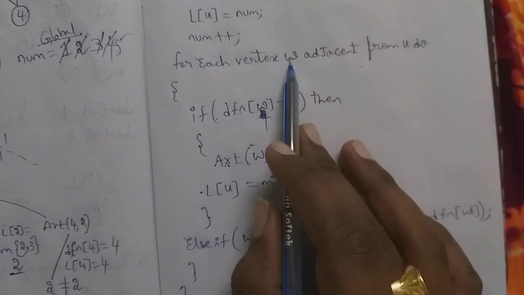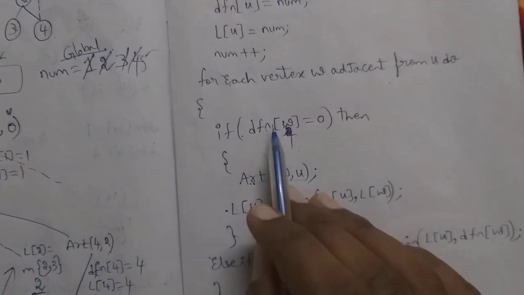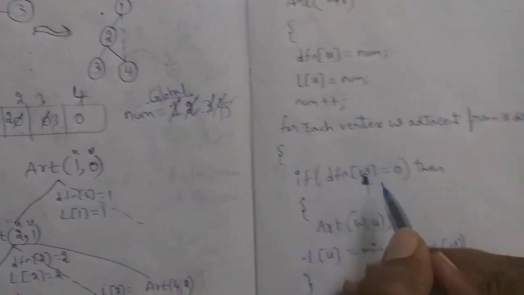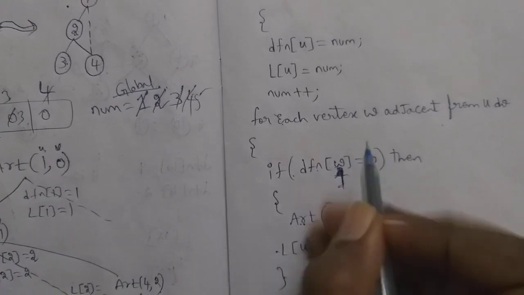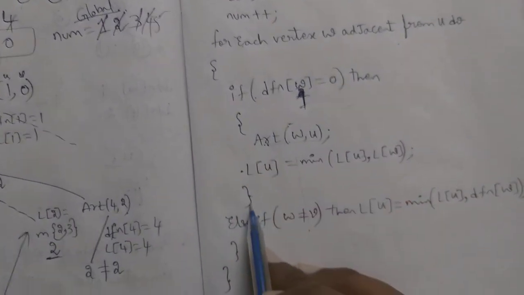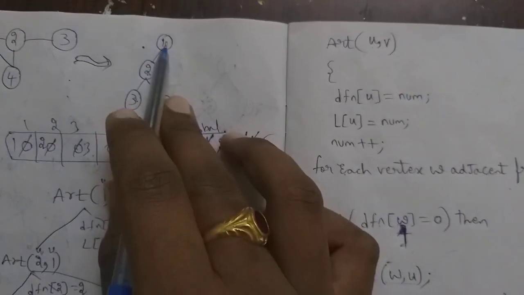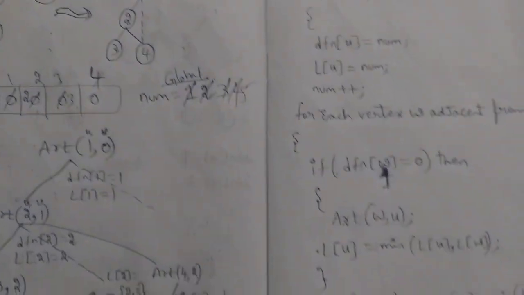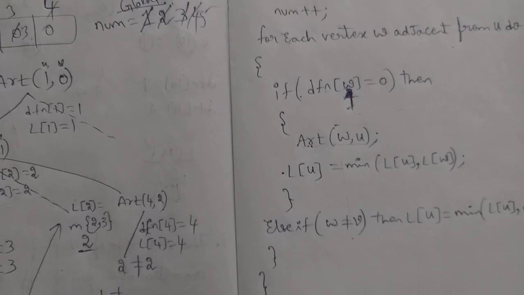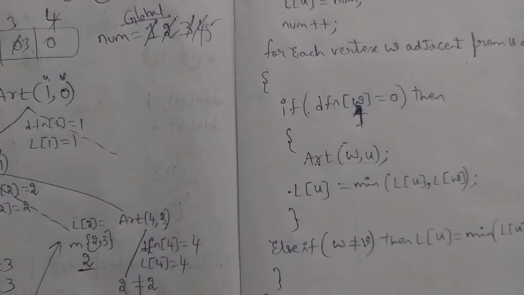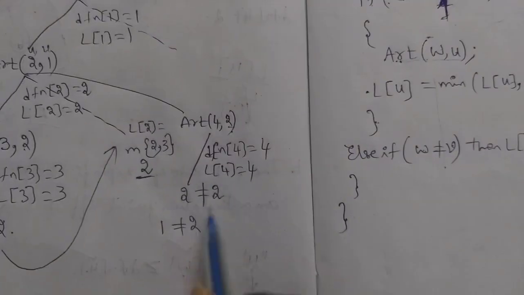Yes, for each vertex W adjacent from U, if the depth first number of this back edge vertex 1 is 0, no, even this is false, control comes here. Else if W, this time W will be adjacent vertex back edge 1, is 1 not equal to V, which is 2. Yes, it is not equal now.